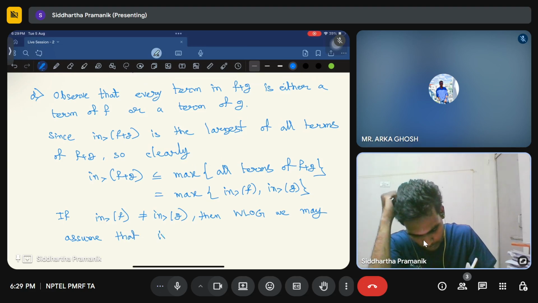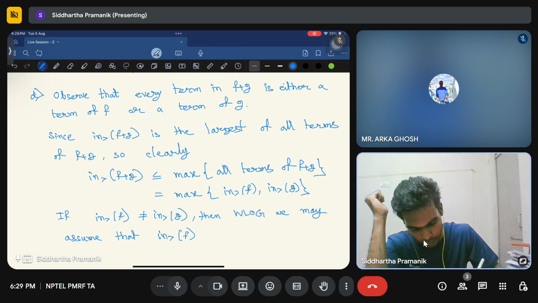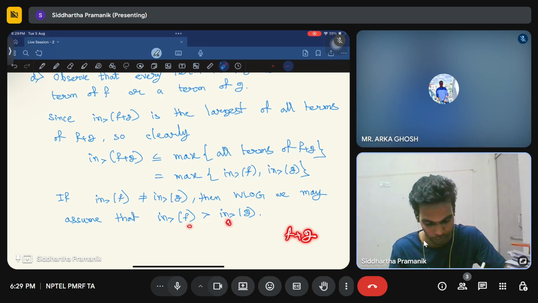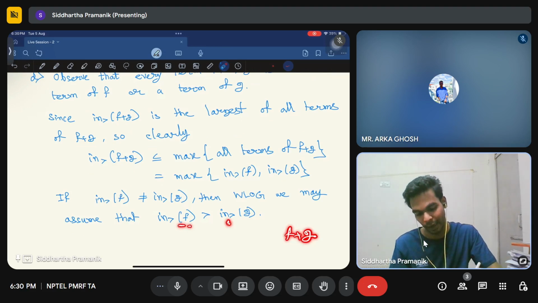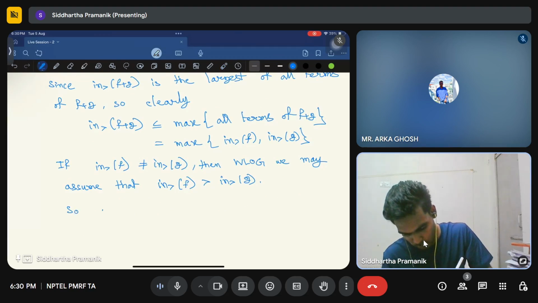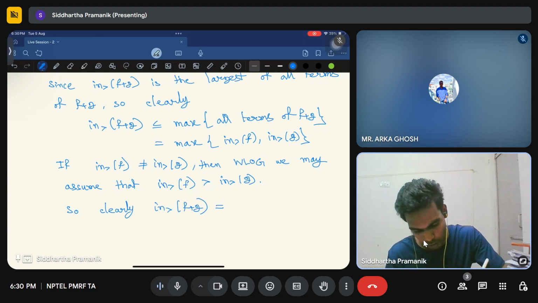So I am assuming that initial of f is bigger than initial of g. If we take the sum, then these two terms do not cancel out, both these terms survive, and this term is the largest term appearing in this sum, so it has to be the initial term. So clearly the initial term of f plus g equals the initial term of f, and this is basically the maximum.